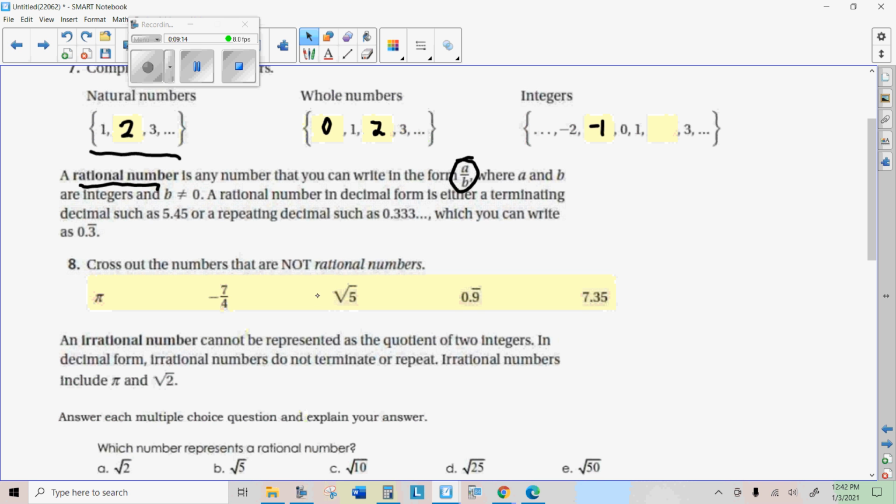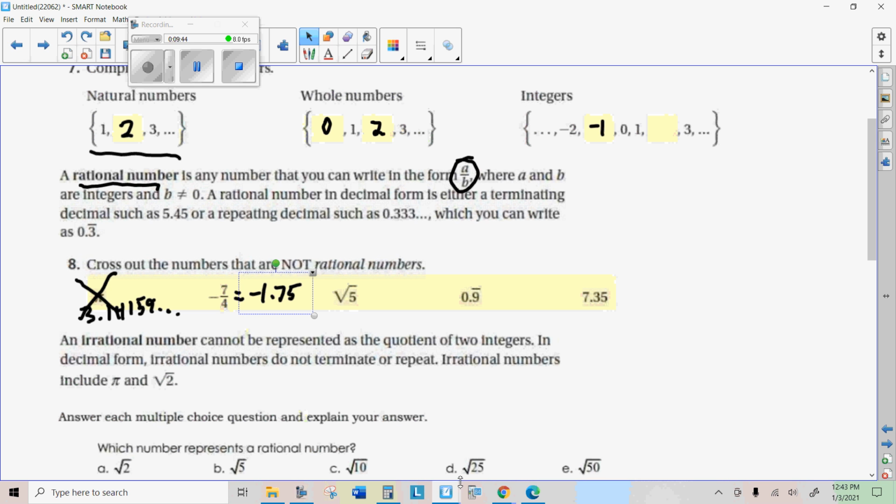Since pi is a random decimal like that, it's not rational. What we're going to do is always change them to decimals and then look at them. Since negative 7/4 is negative 1.75, it's a terminating decimal. That one is rational. So we want to cross off pi.